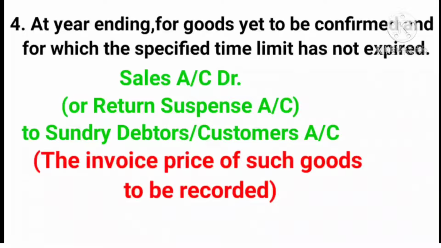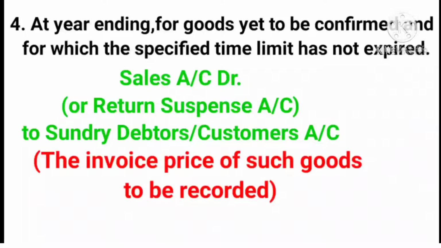In order to work out actual sales and sundry debtors figure, the seller has to pass the journal entry as sales account debit to sundry debtors account credit for the amount as per invoice price of unsold stock lying with the buyer.